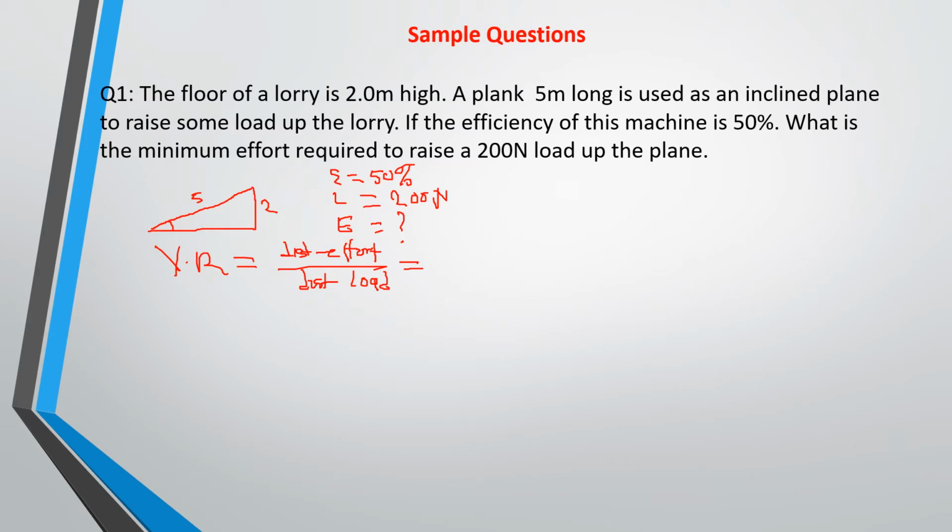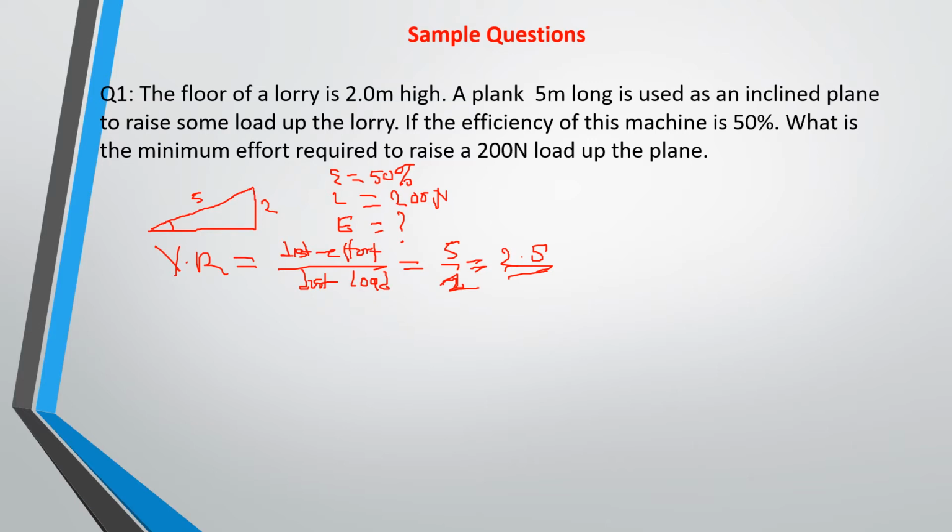And this is equal to what? 5 over 2. So that gives us 2.5. So with this, we have gotten the velocity ratio to be what? 2.5.